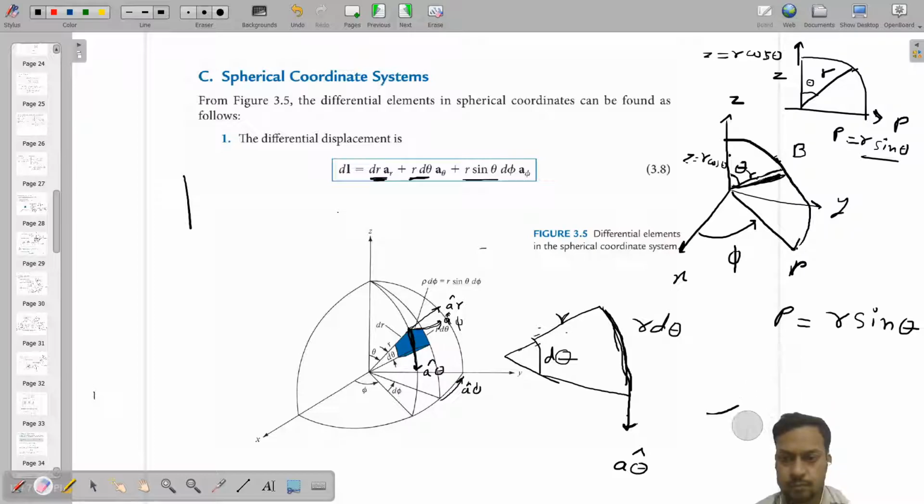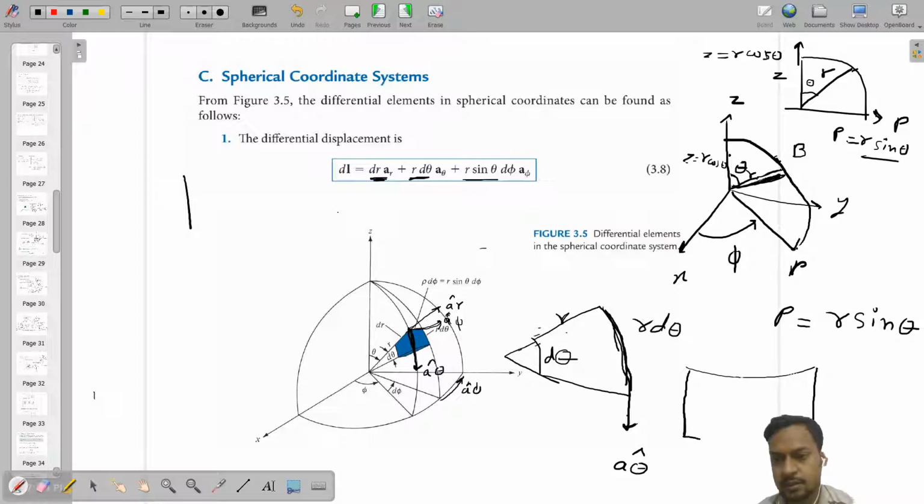Now take the front surface. This is the linear distance.